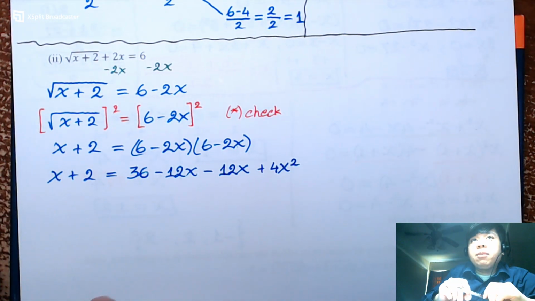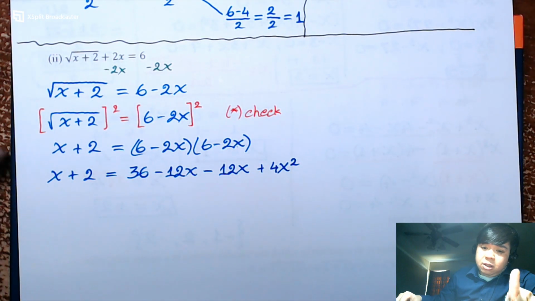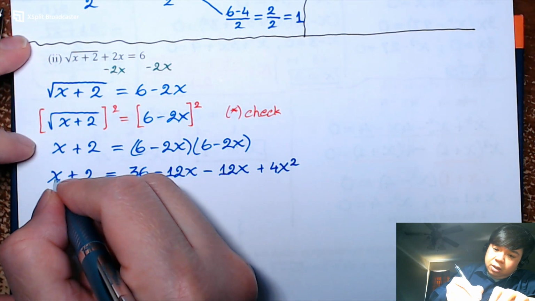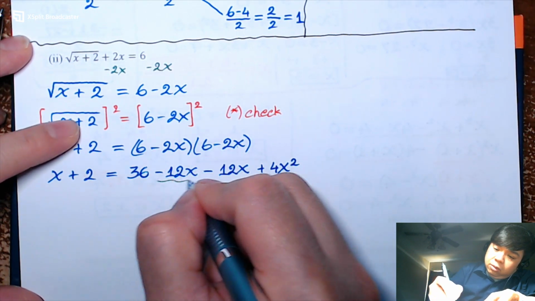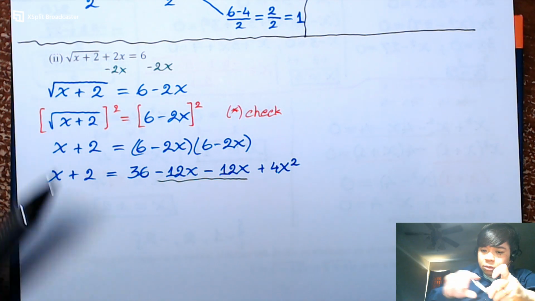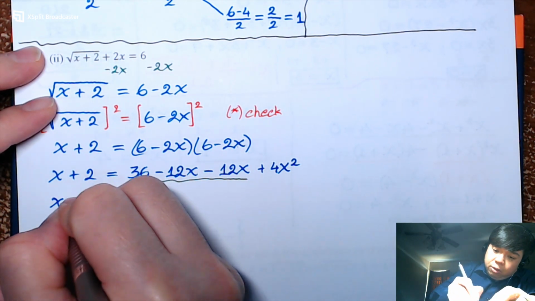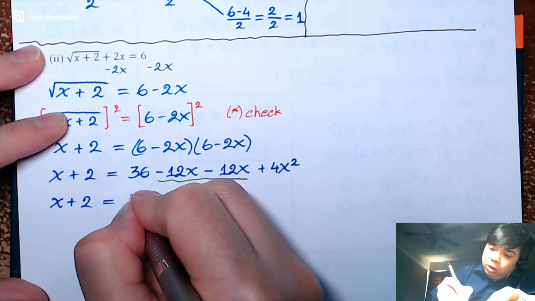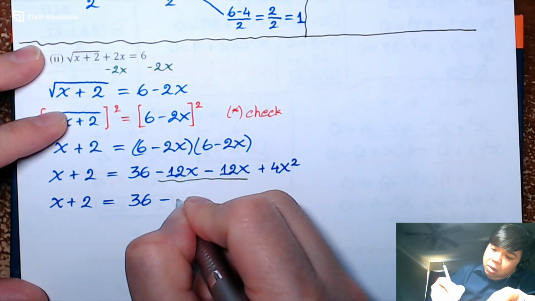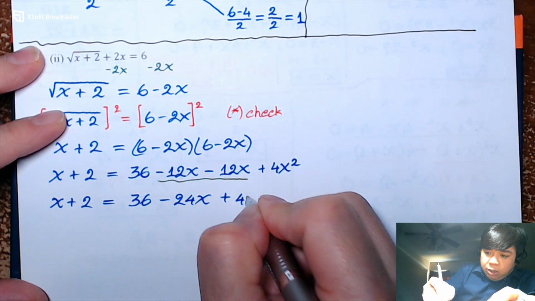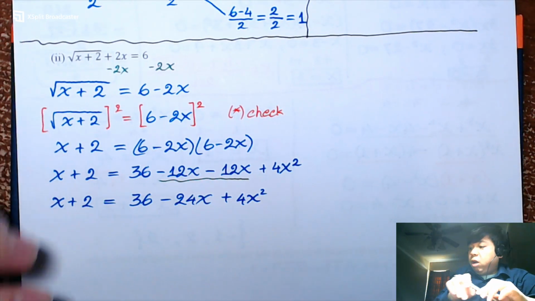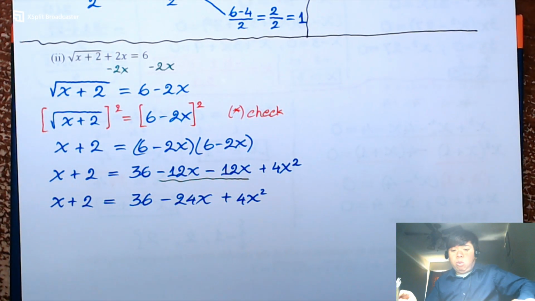Combine like terms. x plus 2 equals 36 minus 24x plus 4x squared. And we move everything to one side to have a quadratic equation.